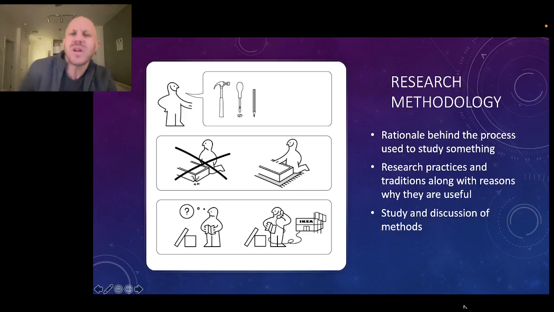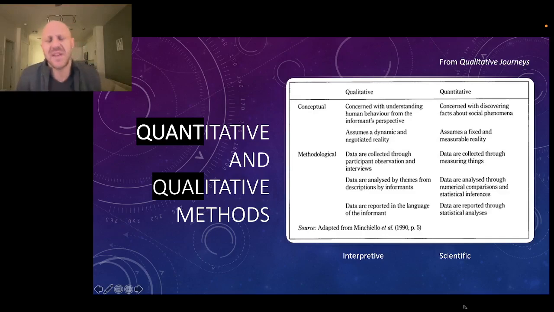A more important distinction that I want you to know is between quantitative and qualitative methods, because you're going to hear that, perhaps you already have in your studies. Generally speaking, think of the word quantity.